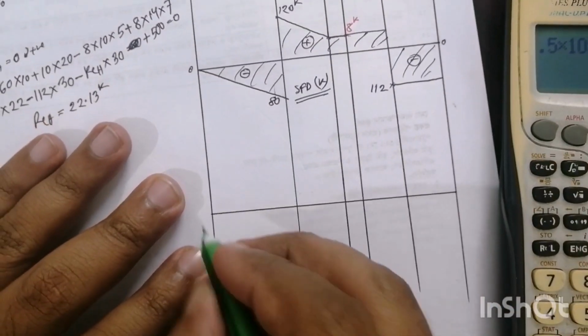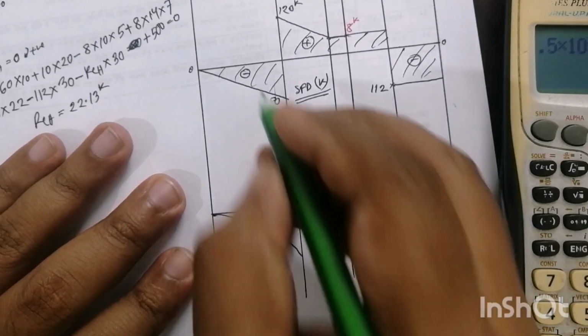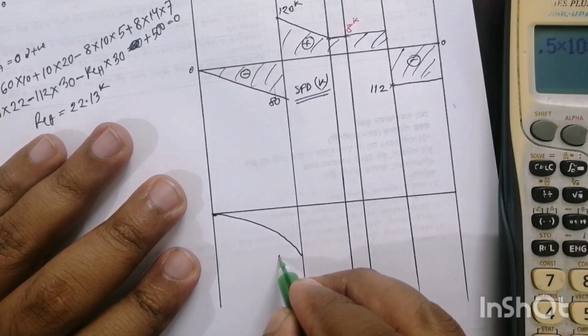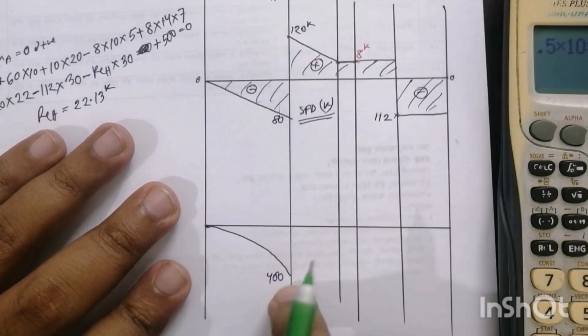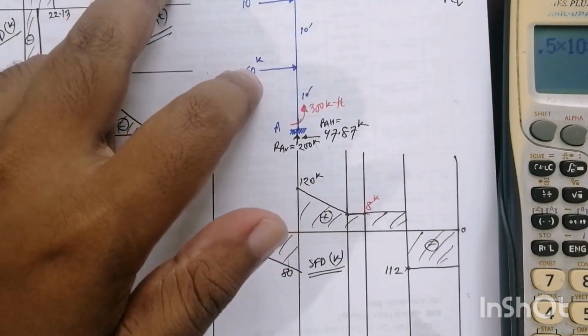This is minus 400 because this is a negative section, and this is a curved section because it is inclined. 400. Now here is minus 400 and here is minus 160.